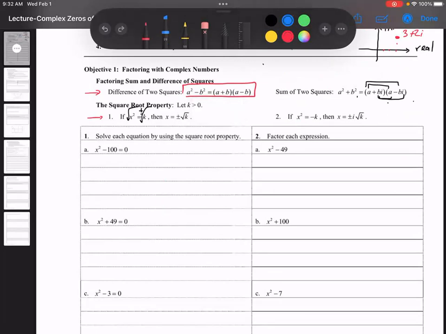Usually it's the left one for me. So for 1a, I can use the square root property, right? I can add 100 to both sides. So x squared equals 100, and then I take the square root of both sides, plus and minus. So x equals plus and minus 10. Then I'm done.